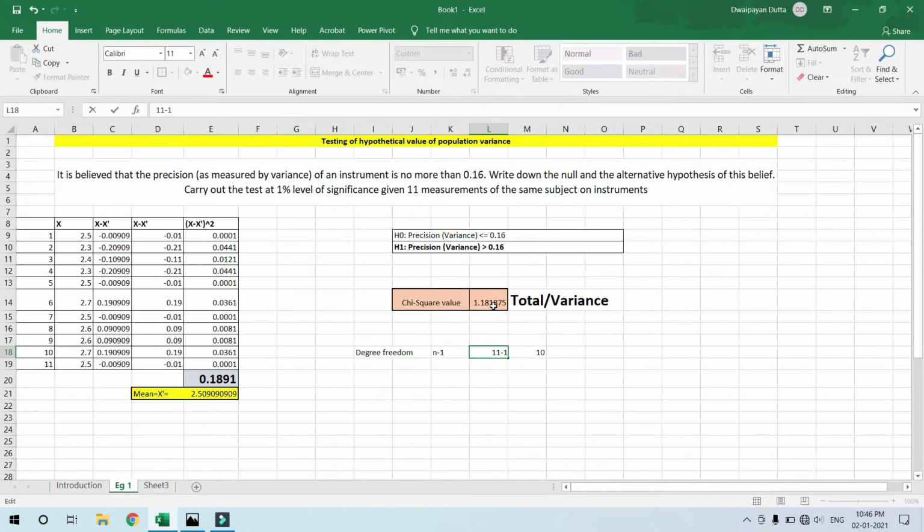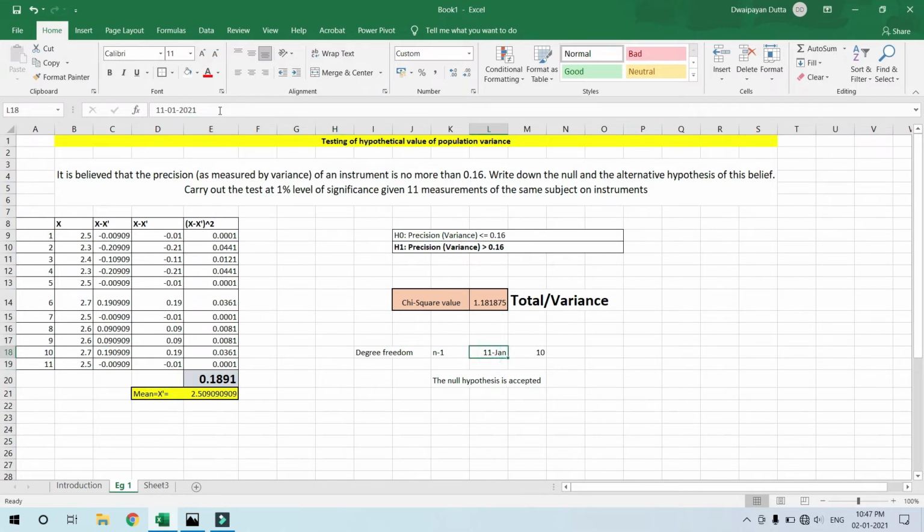So we can say it is far below the level of significance. So the H0 is accepted, or the null hypothesis is accepted. This is the result we are getting.